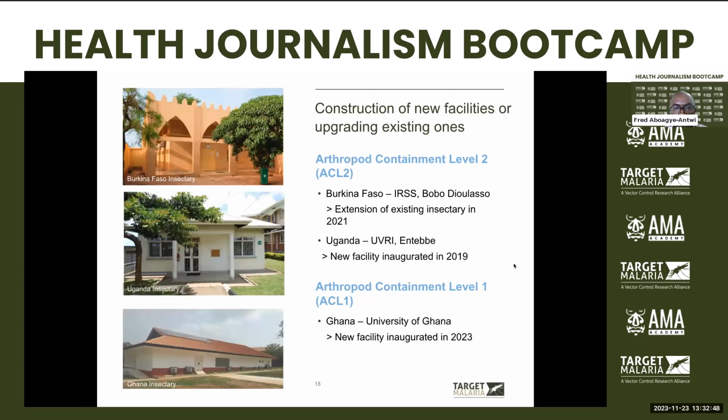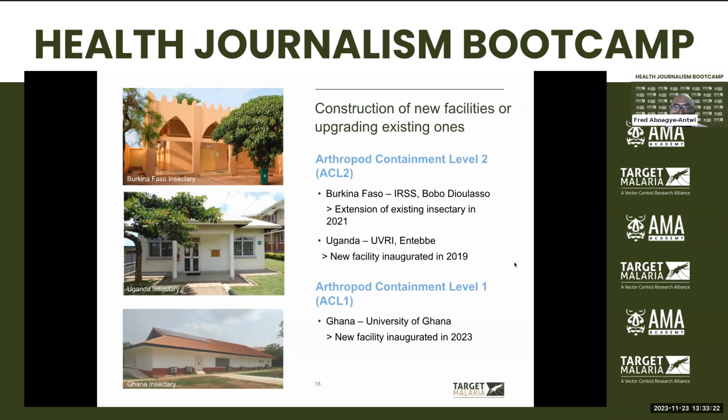Next slide, please. And so with the construction of facilities and upgrading of existing ones in Burkina Faso, the IRSS, which is the institution that we work with in Bobo Dioulasso, carried out an extension of its existing insectary facility and upgraded it to a level 2 arthropod containment facility.